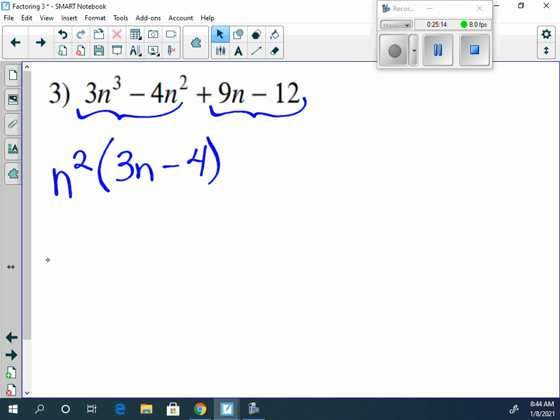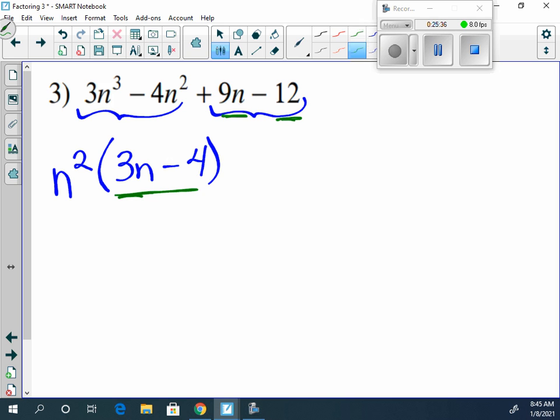Now, what we can also do is look at what's in here, because we want what's inside the parentheses to be the same. So whatever we factor out of the next one, we want what's left over to be 3n minus 4. Yes? So what do I need to factor out of 9n to get to 3n? 3. Yes?